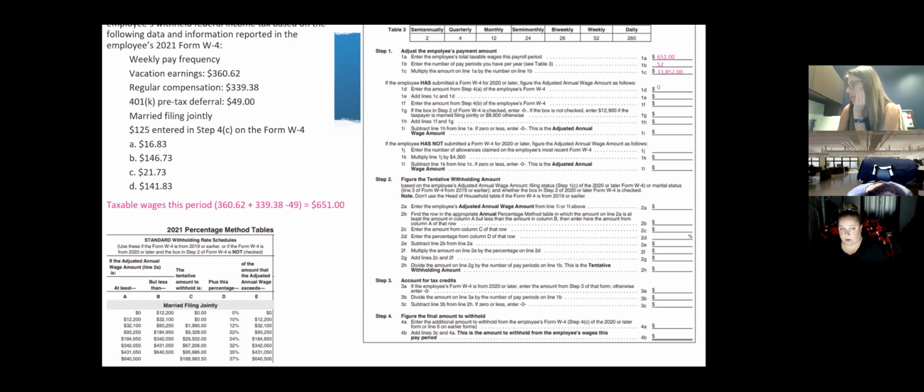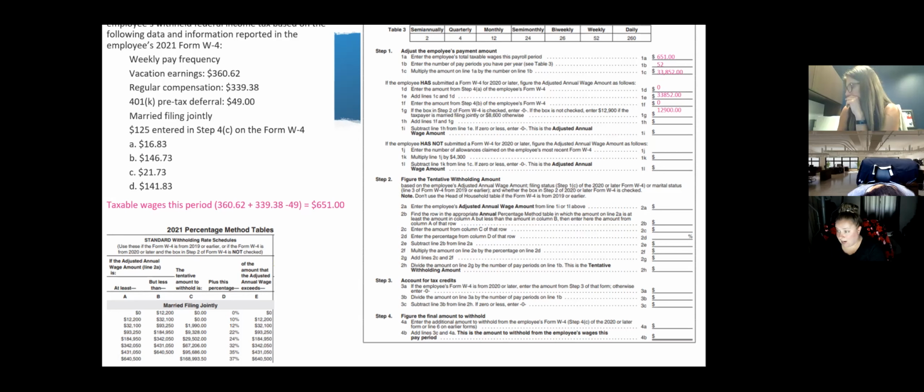Enter the amount from Step 4(a). They didn't tell us anything about Step 4(a), so we're going to put 0. We're going to then add. Enter the amount from Step 4(b). They didn't tell us anything about that, so we're going to put 0. If the box in Step 2 is checked, then you're going to enter 0. If the box is not checked, enter 12,900 if the taxpayer is married filing jointly, or 8,600 otherwise.